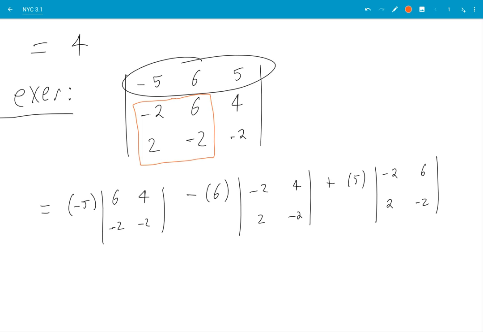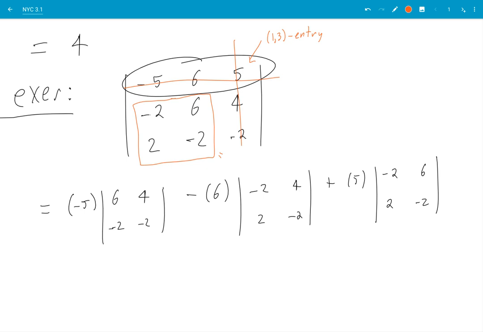This matrix, rectangled in red, was obtained by deleting this column and this row. That is the 1, 3 entry in our original matrix.